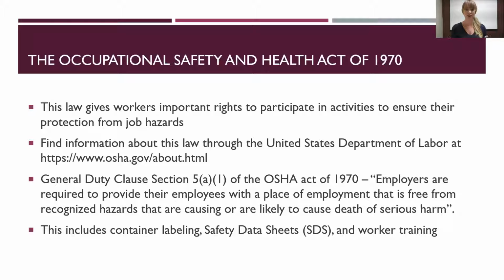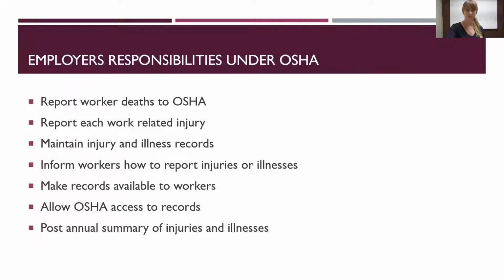This law basically says that employers are required to provide their employees with a place of employment that is free from recognized hazards that are causing or are likely to cause death or serious harm. This includes container labeling, safety data sheets, also called SDS, and worker training. Employers have certain responsibilities under OSHA.